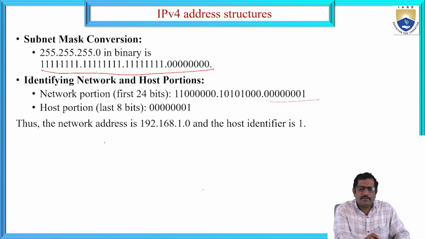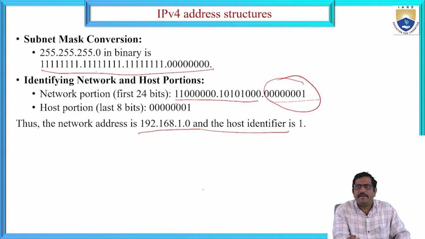In the IP address, the first 24 bits are the network portion, and the last bits are the host portion. So the network address is 192.168.1.0, and the host identifier is 1.